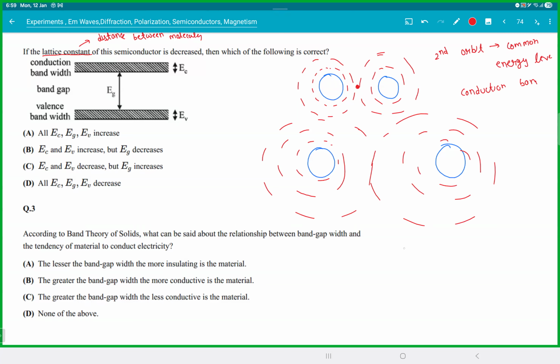The gap increases. The third orbit is your conduction band. So the energy gap increases. Automatically, if the energy gap increases, the other two will also start compressing. So the energy gap will increase, and the conduction band and the valence band energy levels will decrease.